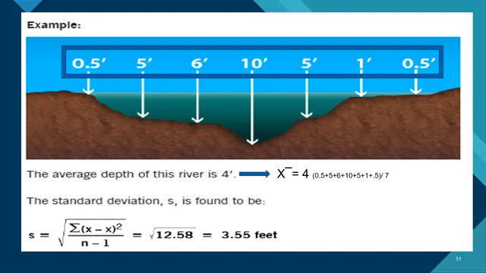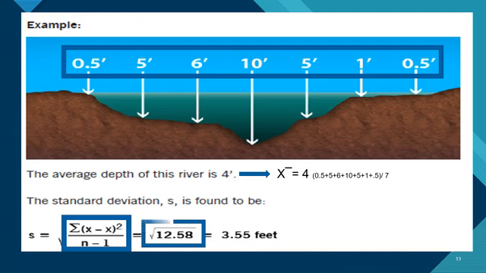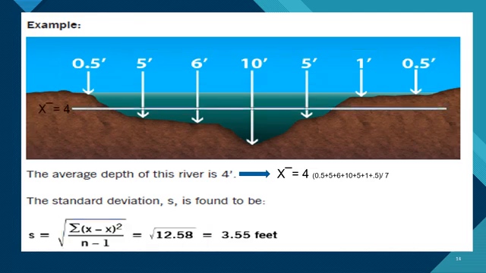This is the mean depth of the river. After that, we compute the variance, and after we get the variance, we get the square root of the variance, and we will get the standard deviation. Again, we are showing the mean of 4, and our standard deviation after square root is 3.55.